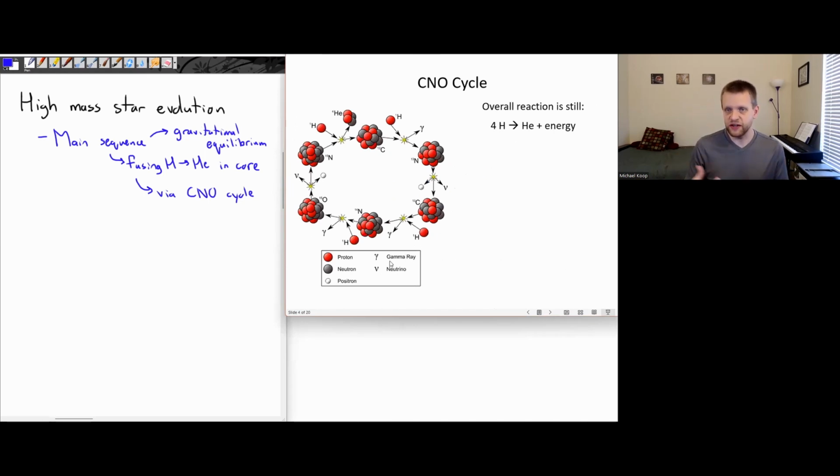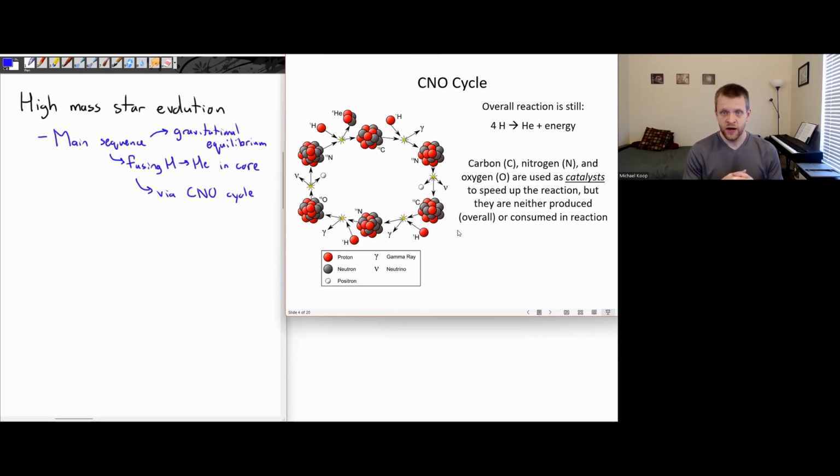This is a set of nuclear reactions where carbon, nitrogen, and oxygen are used as a catalyst for hydrogen fusion. The overall reaction is still 4 hydrogen nuclei going in, 1 helium nucleus coming out, plus energy and a bunch of neutrinos. But at these higher temperatures and densities, carbon, nitrogen, and oxygen act as catalysts to speed up the reaction.